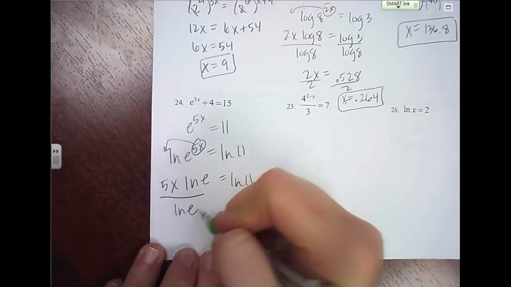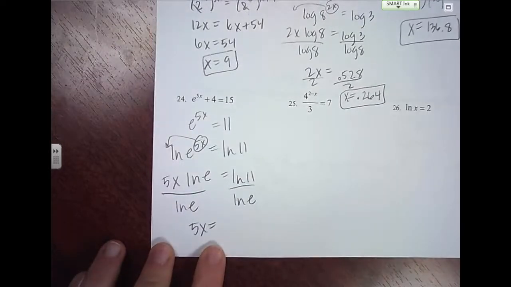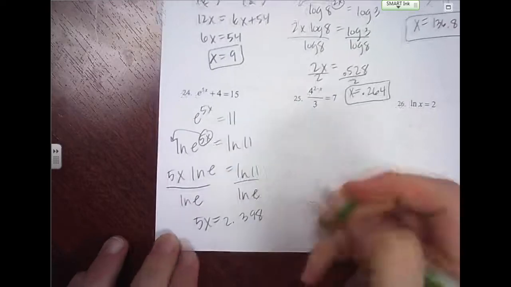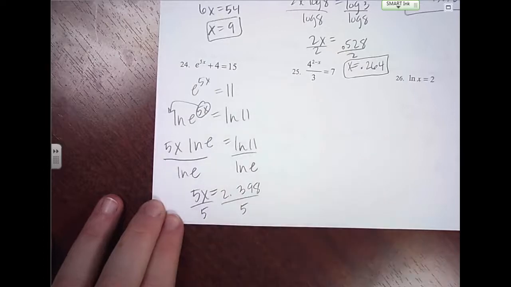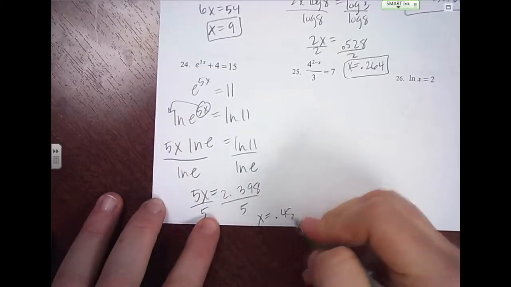Divide by natural log e first. So 5x equals, I'm going to go natural log 11 divided by natural log e equals 2.398 and divide by 5. So x equals 0.48.